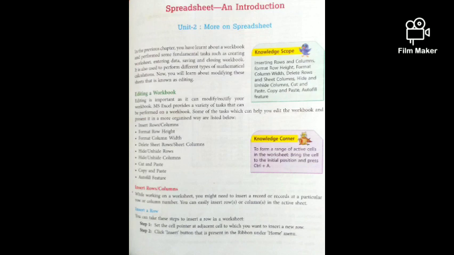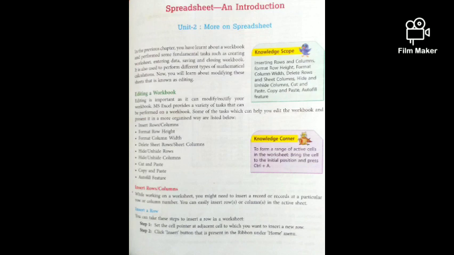We can insert rows and columns, format the row height and column width, delete rows and columns, hide and unhide rows and columns, cut and paste, copy and paste, and finally we are going to discuss the autofill feature.